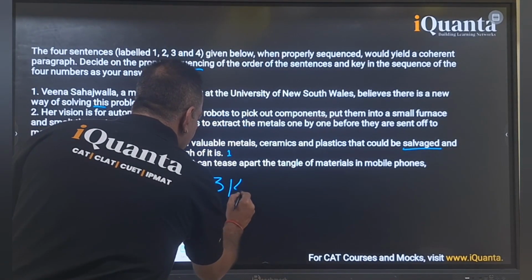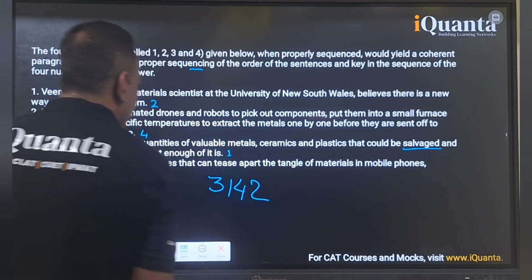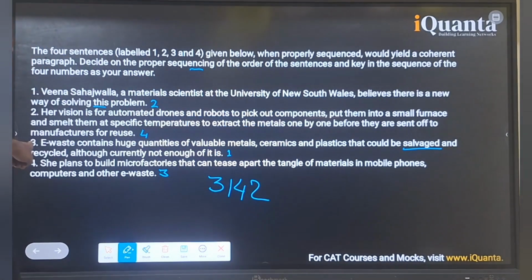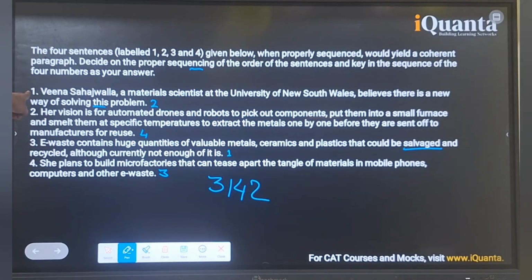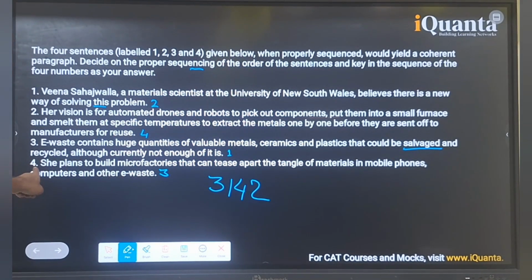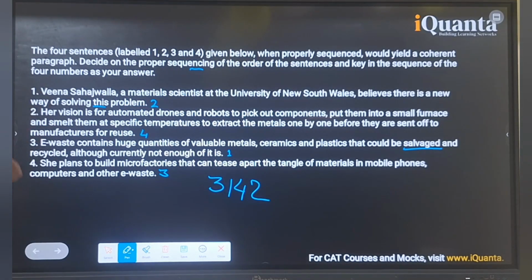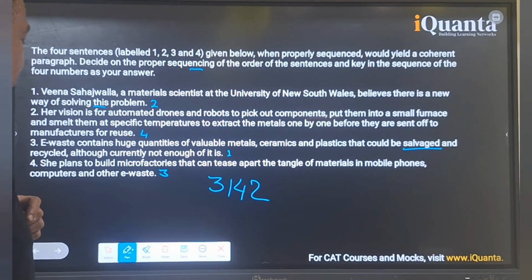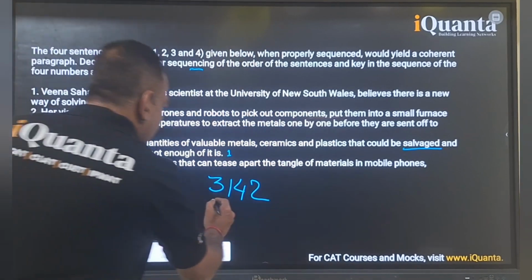Third becomes the first sentence, first becomes the second sentence, fourth one, her plan to build micro factories, becomes number 3, and number 2 becomes number 4. So this will be your answer.